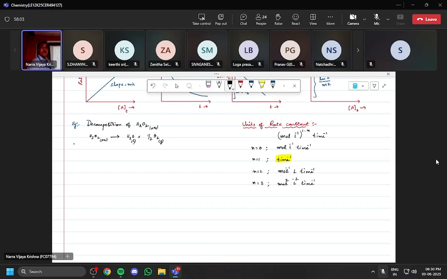Correct or balanced or not? Or I will write 2H2O2 gives 2H2O plus O2. So decomposition of H2O2 follows first order kinetics. In the same way, pseudo first order reactions. Examples of pseudo first order reactions: acid hydrolysis of esters. They are also following first order kinetics, right? So hydrolysis of ester in acidic medium, I will write as acid hydrolysis of esters.